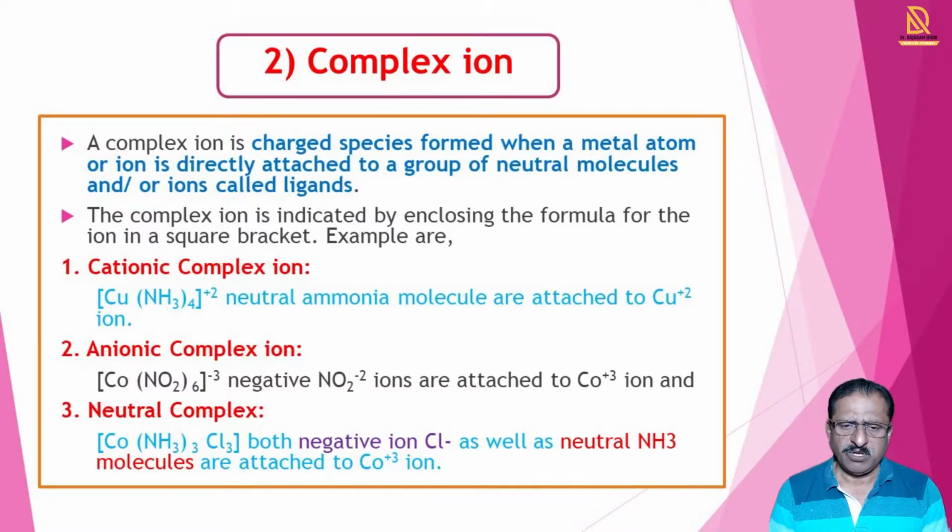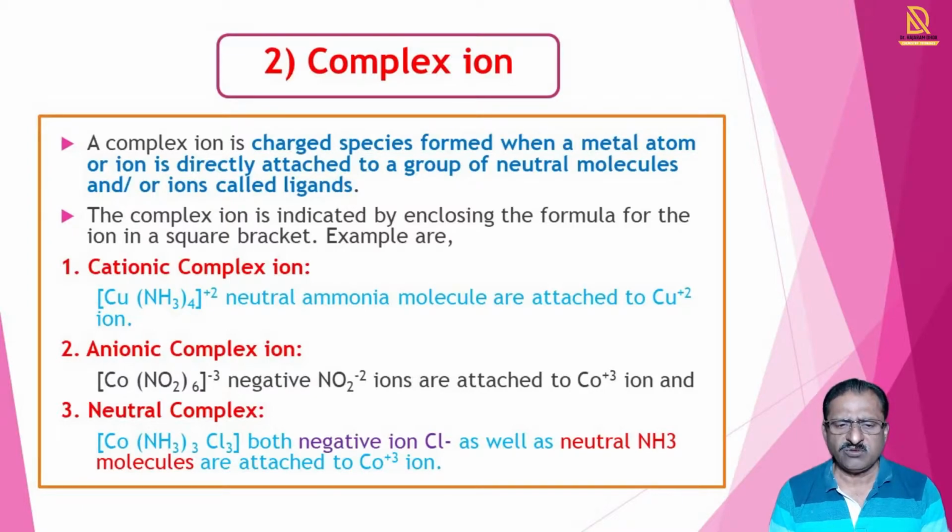In this example, neutral ammonia molecules are attached to the copper 2+ ion. The charge on the complex ion is +2, and so this complex ion is called a cationic complex ion.